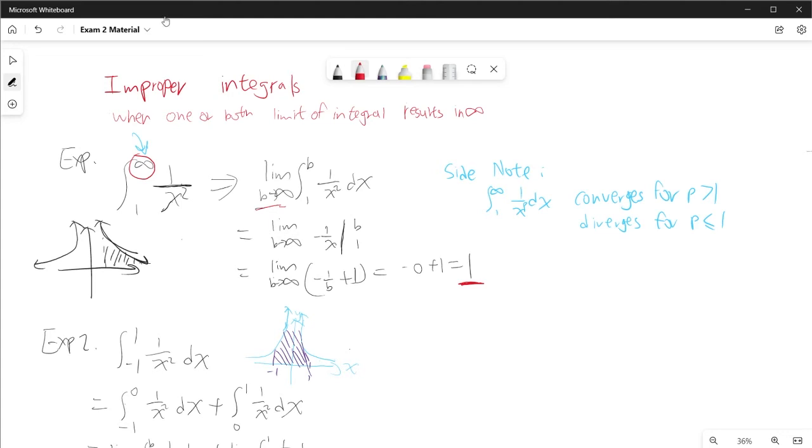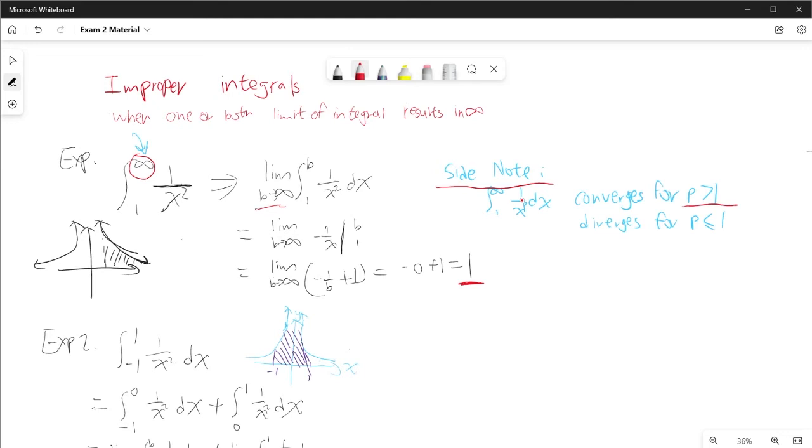And as a side note, if you take just 1 over x to the p power, and take the integral of that from 1 to infinity, and it doesn't have to be 1, it can be 2, 3. I don't think 0 can work, but anything above 0 for the lower limit, and then the upper limit is infinity, then it has a really interesting property. If p is more than 1, it could be 2, 3, 4. Integers are nice.